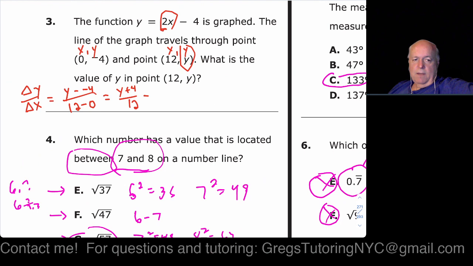So at that point, we multiply both sides by 12, and we get y plus 4 is equal to 24. Subtract 4 from both sides, that goes away, subtract 4 from here, and we get 20.